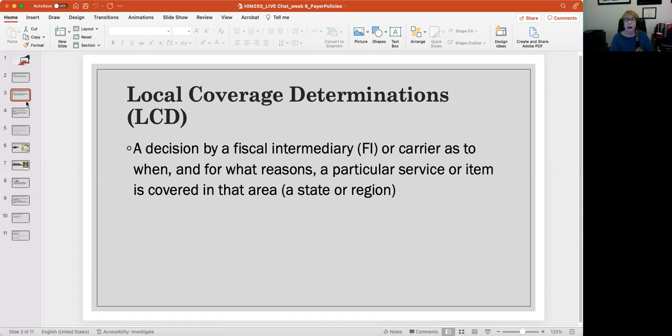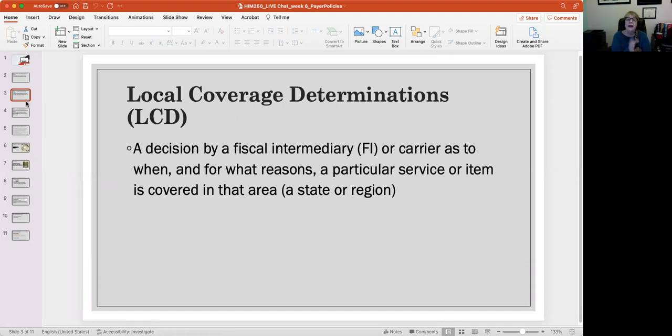Therefore, wherever you are, wherever your patients are, and this has to do with not where the patient lives, but where the procedure is being performed. Because remember, the providers are submitting the claims. So the place of service is going to be the determination of the location.